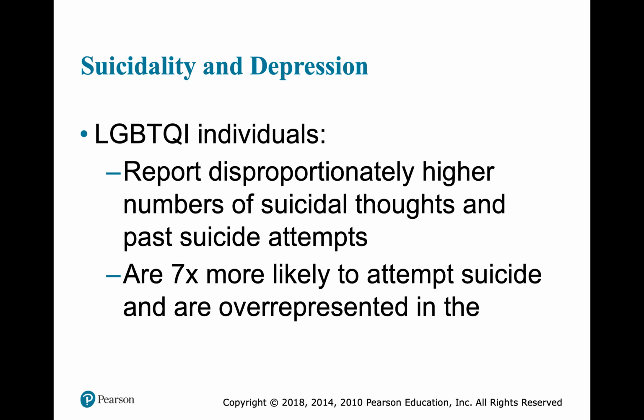Let's see. Another thing to keep in mind is intersectionality. Individuals who identify as LGBTQI but are also persons of color may experience even higher levels of depression or suicidality. The textbook talks about African American and Latino individuals in particular, that they may be at an increased risk for suicide attempts compared to whites.